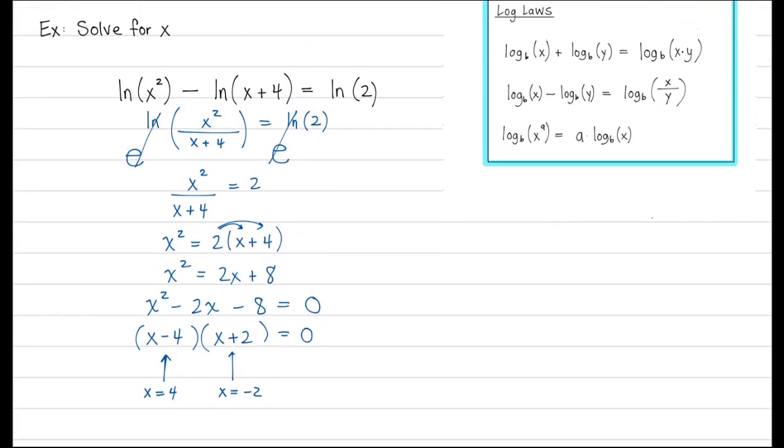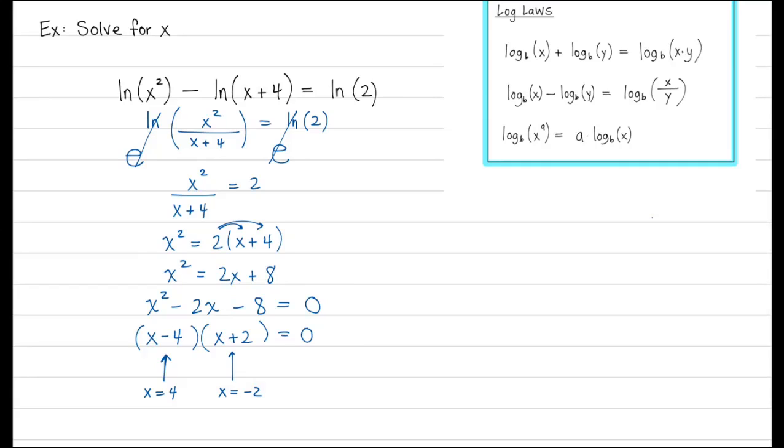So we better check that when we plug in these values, they give us positive things inside those natural logs. So when I take 4 and plug it in here, 4 squared is 16, definitely positive, no problems there. And if I plug in 4 here, I get 4 plus 4, which is 8, positive, no problems there. Then we better check the same thing with the minus 2.